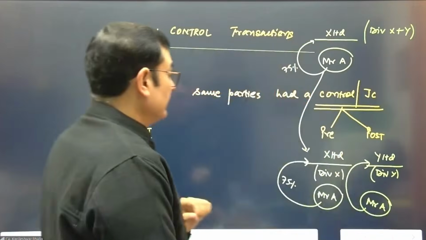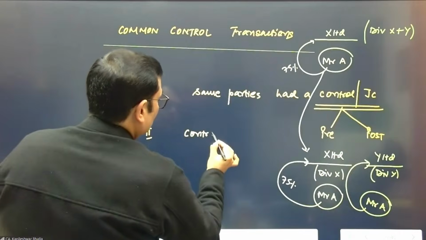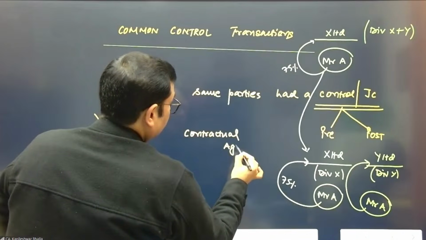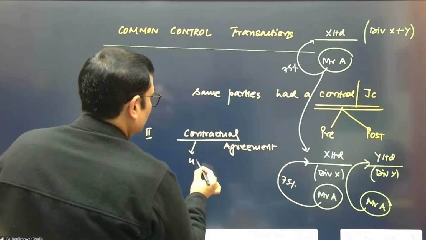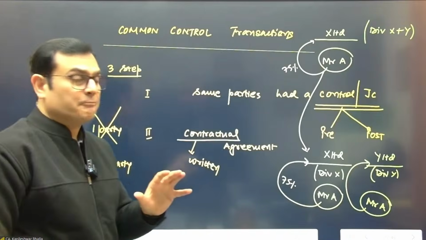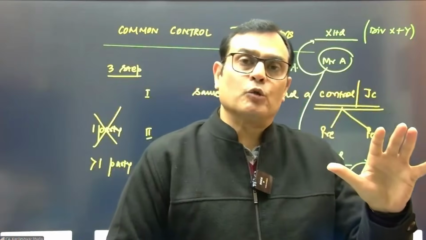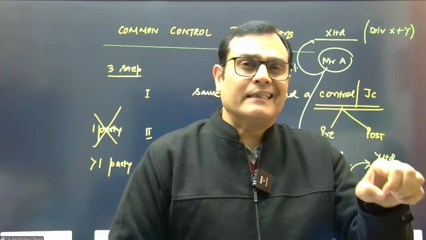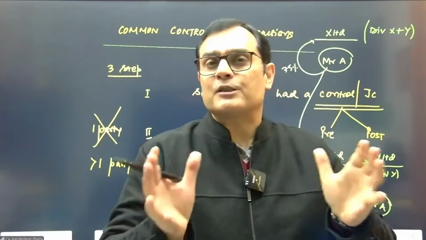And you will ask: did both Mr. A and Mr. B enter into a contractual agreement? They decided by a written agreement. When I say they entered into a contractual agreement, there should be a written agreement between both the shareholders. So in my example, if Mr. A and Mr. B together jointly control company X, then I'll put a question: did Mr. A and Mr. B enter into a written agreement with each other that they will continue to act together?